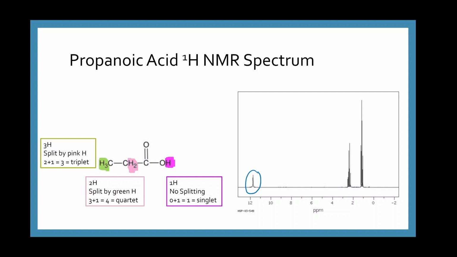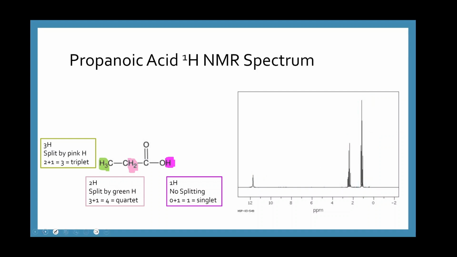And then if you look at the other 2 peaks, sometimes it's hard to identify triplet versus quartet. But if you look closely, this one is a triplet, so that aligns with the CH3 group. And then this one is a quartet, and that aligns with the CH2.